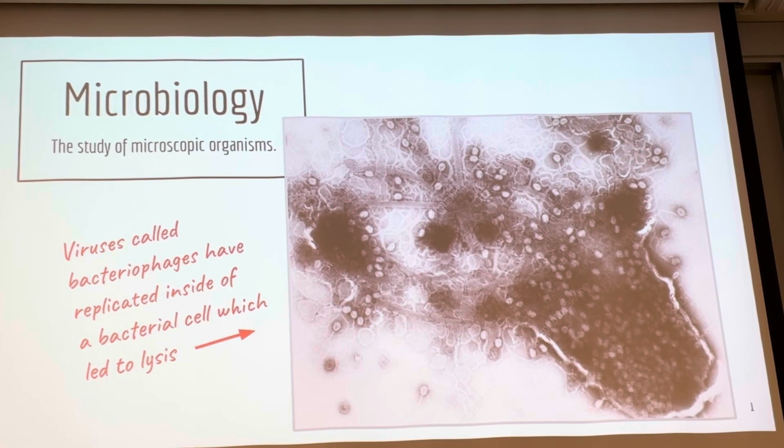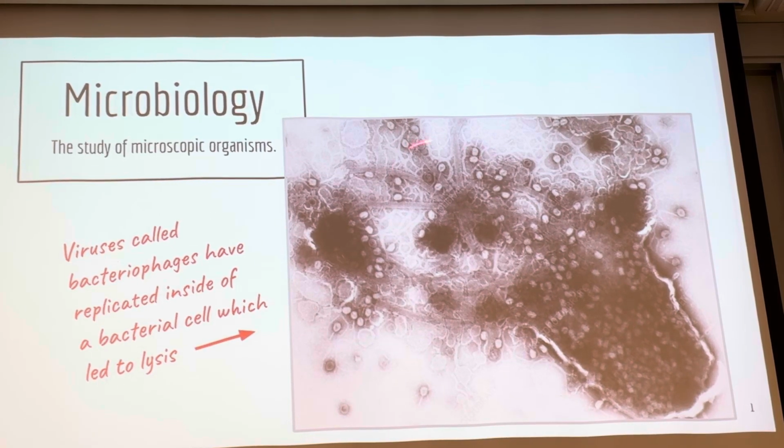So this one bacterial cell has lysed or broken open because the virus replicated over and over inside of the bacteria and spilled out. And that's what is going on when your patient has a viral infection. They replicate inside of cells so much so that they spill out, and then they can all go and infect new cells.